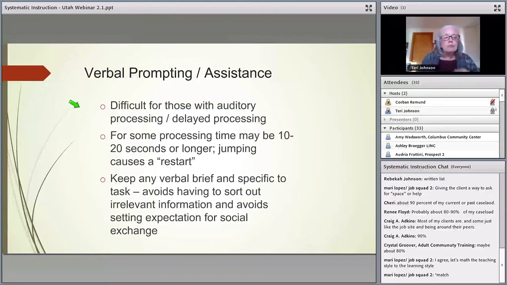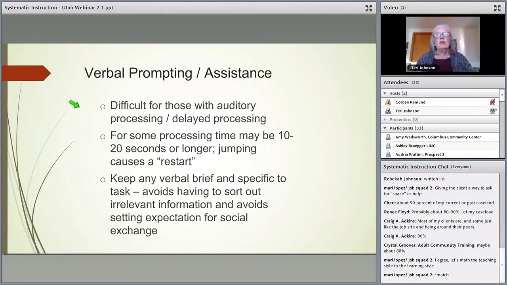So what we know about verbal prompting and assistance for some people that we support is that it's really difficult. People who we know have issues with auditory processing experience delays in processing. We know that's true. We know that for some people, the processing time might be 10 or 20 seconds, which seems like an eternity.